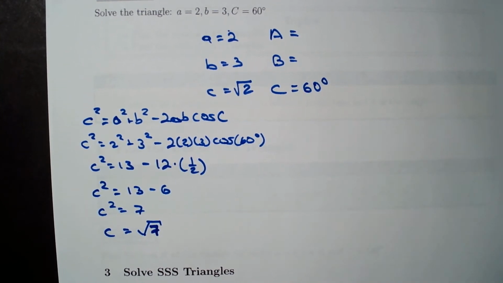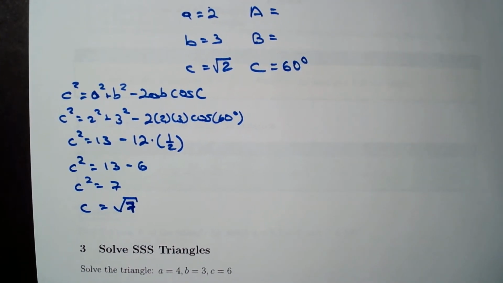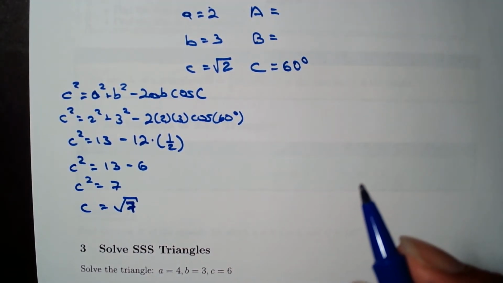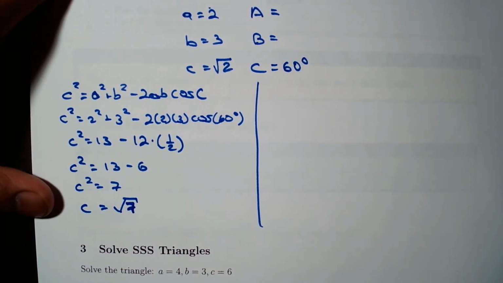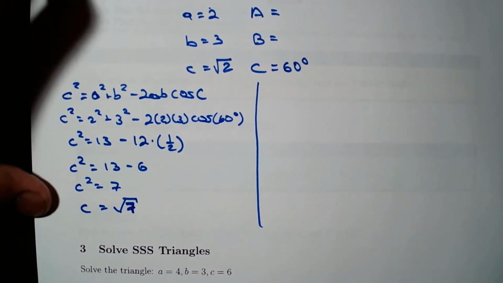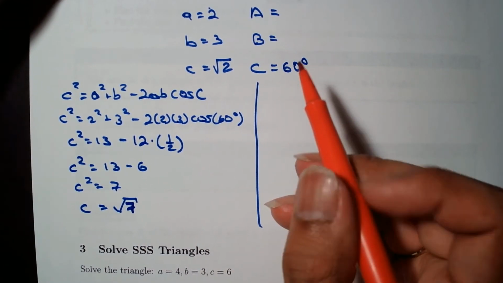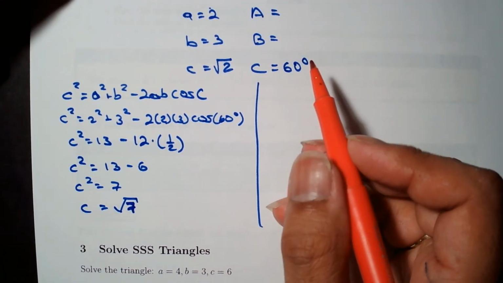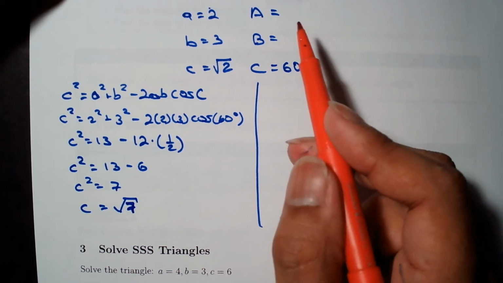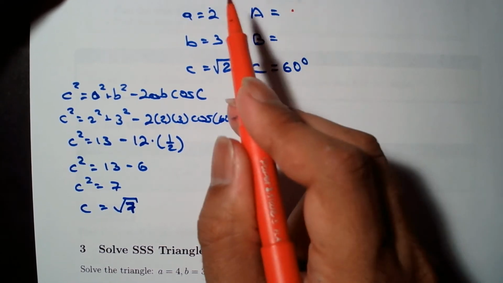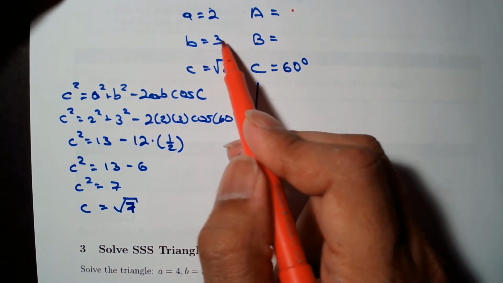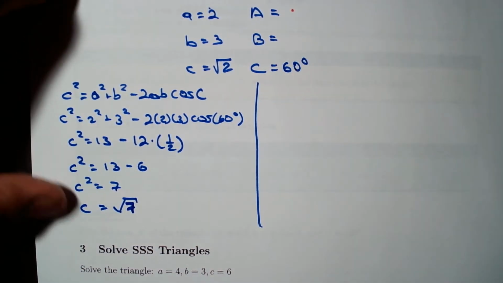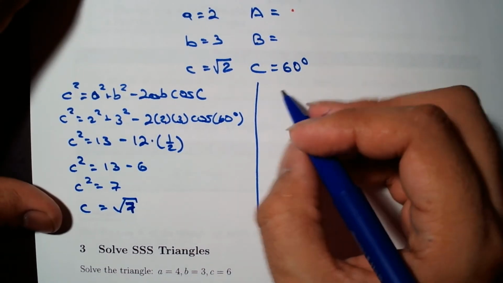But since we are practicing with the law of cosines, let's use the law of cosines. Actually, I'm going to find the angle A using side A and side B with angle C. How is that going to work? Well, let me write that down.